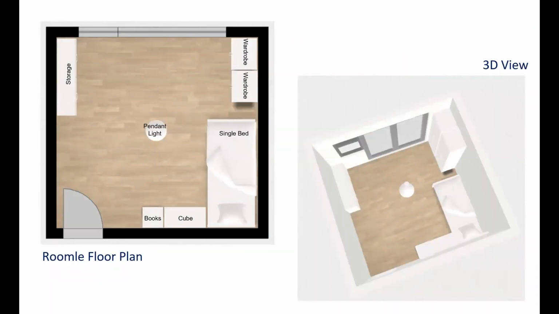Now you have your Roomle floor plan showing all the existing furniture in your space. You can label it with all the different elements in the room.